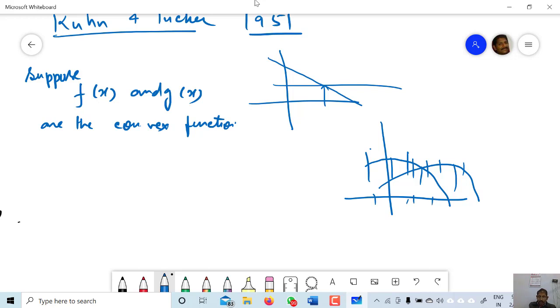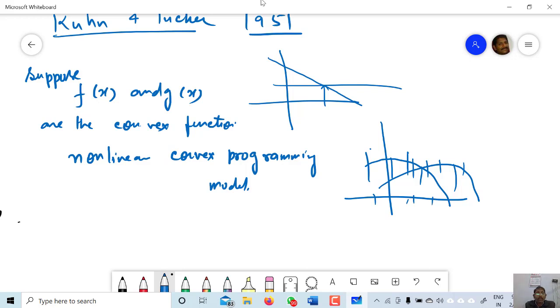And this special class is termed the nonlinear convex programming model. Okay, so this was the definition of what nonlinear programming is.